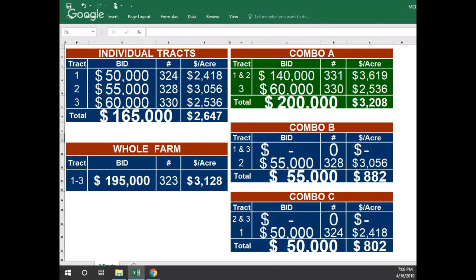There again, guys, the farm is going to sell tonight. Whole farm goes to 205,000. That's bidder number 323. Whole farm, 205,000, bidder 323.